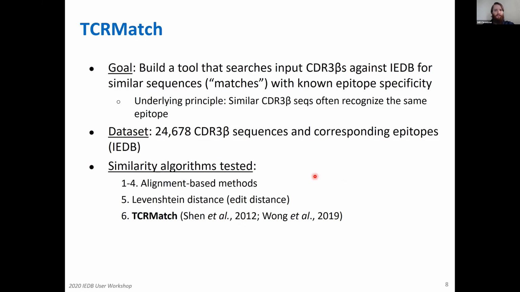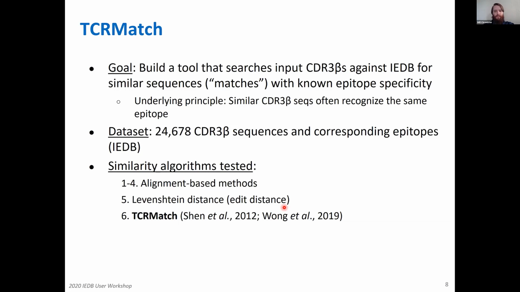So the data set that we used was about 24,000 CDR3 beta sequences, as well as their corresponding epitopes from the IEDB. And we tested 6 similarity algorithms, 4 of which were based on aligning one CDR3 against another, one of which was based on the Levenshtein distance or edit distance between 2 CDR3s.